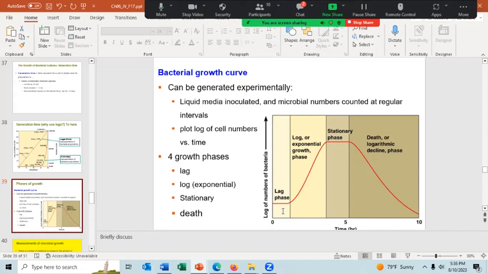For bacteria, we follow the same growth curve. When we move bacteria from an agar plate to a liquid media, there's a lag phase. The bacteria are not growing initially when we inoculate them into a new media.